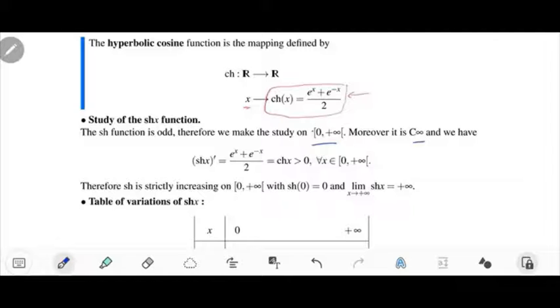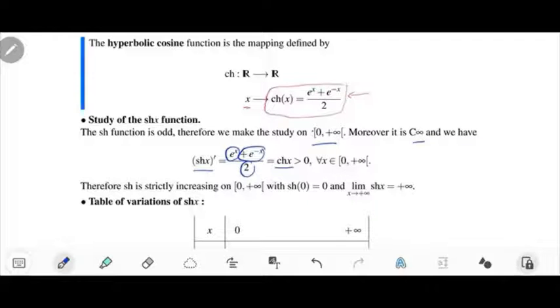The derivative of sh x is equal to the derivative of e^x, which is e^x, minus the derivative of e^(-x), so it's plus e^(-x), over 2, so it's equal to ch x. And also when we calculate later the derivative of ch x, it will be equal to sh x, which is very similar to the behavior of cosine and sine, the circular functions.